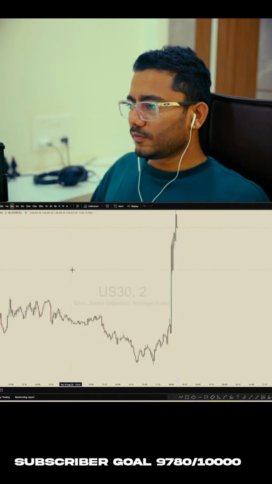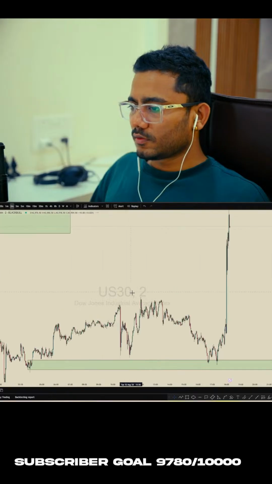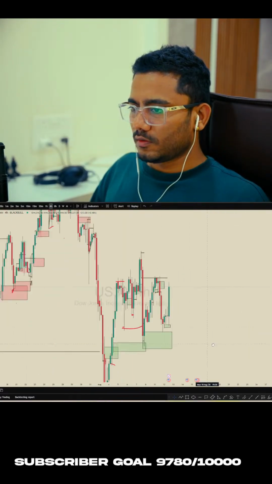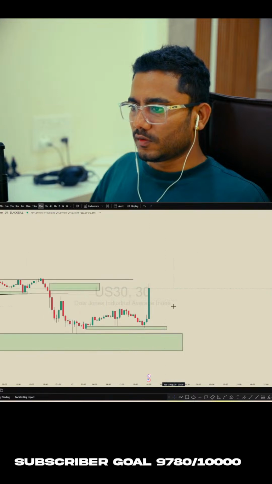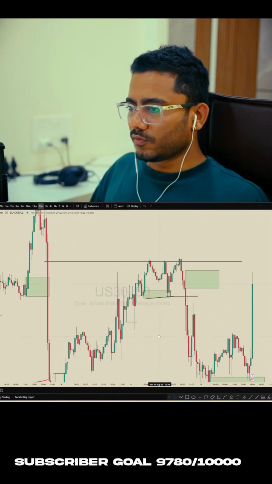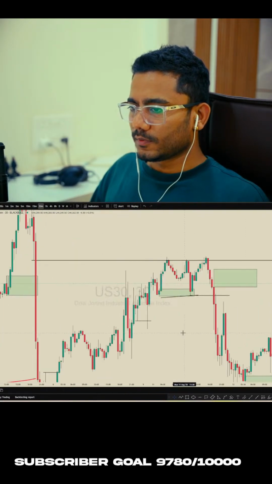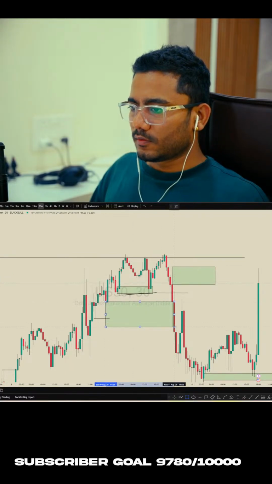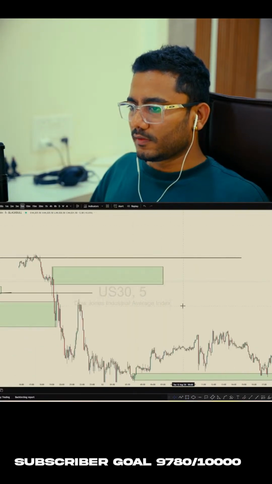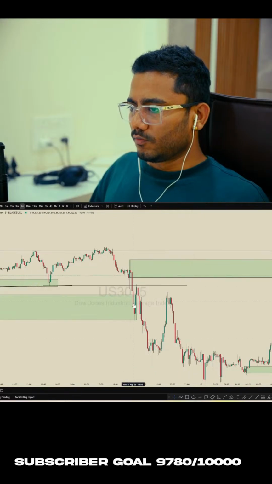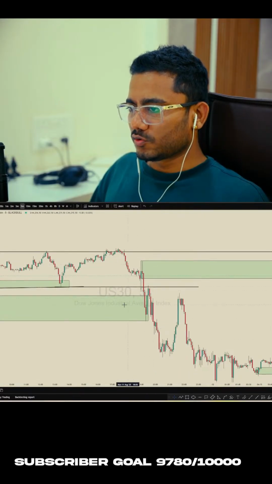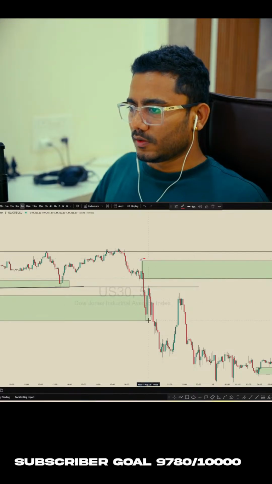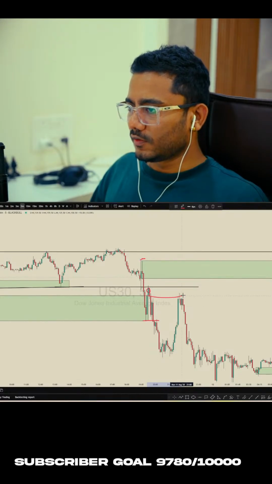On US 30, yesterday I was waiting for price to look for buy side here. But then price broke the structure, did not give any follow through structure because we had this previous high which was here, and then gave us a break of structure creating this order block.